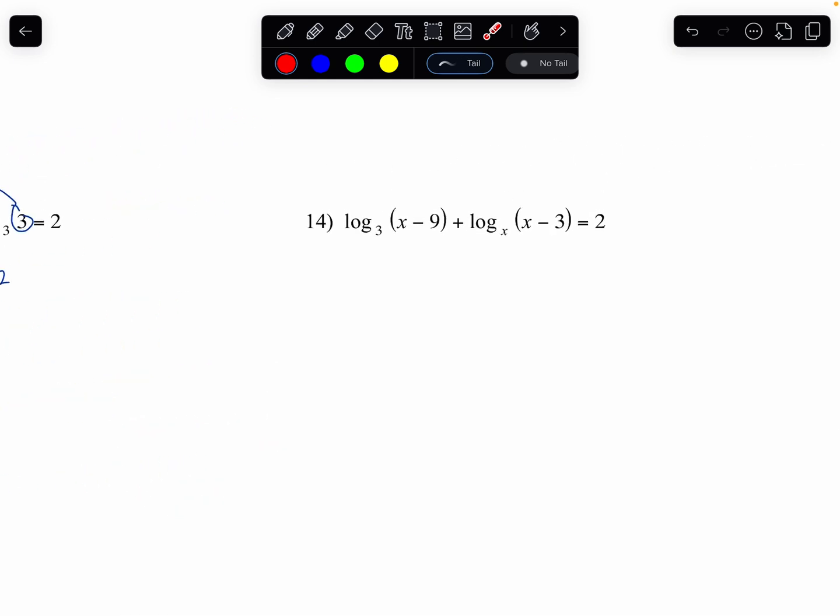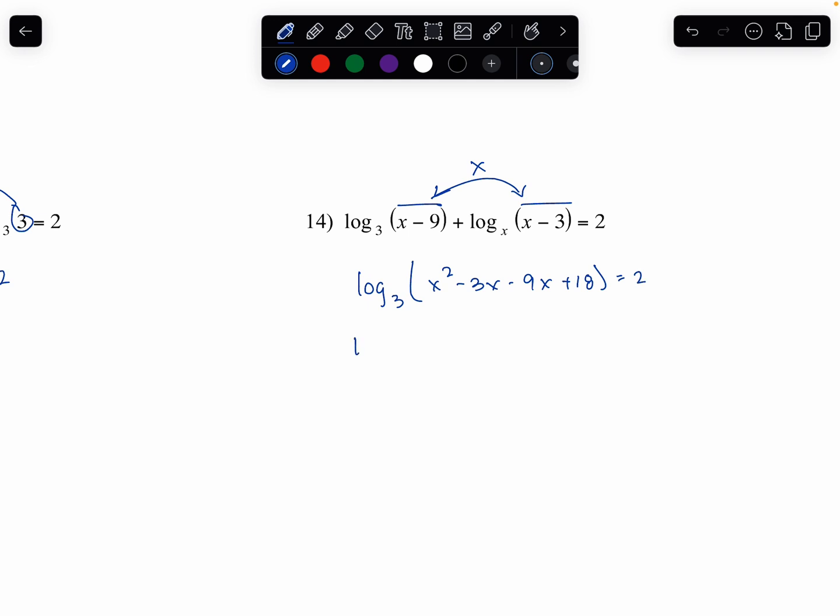And then here, I'm going to condense these right here, meaning these are going to be multiplied. So then I'll get log base 3 of x squared minus 3x minus 9x plus 18 equal to 2.